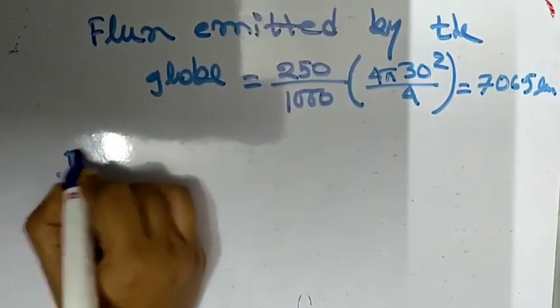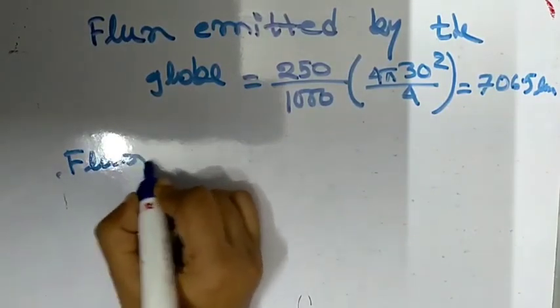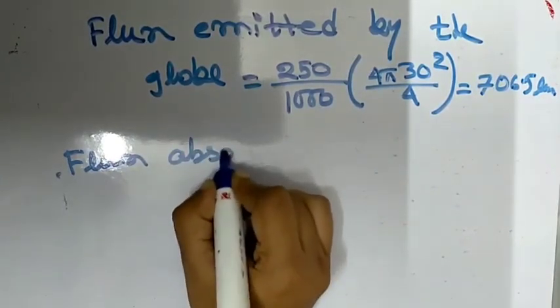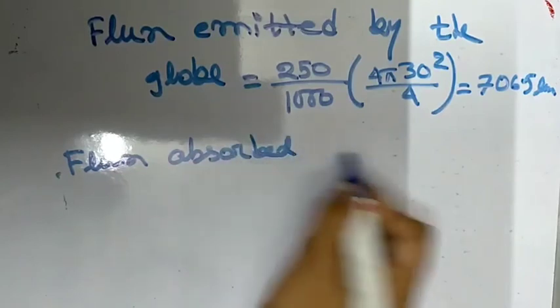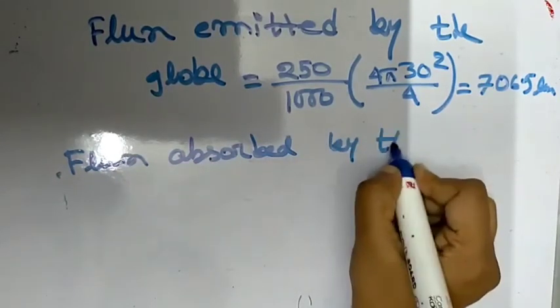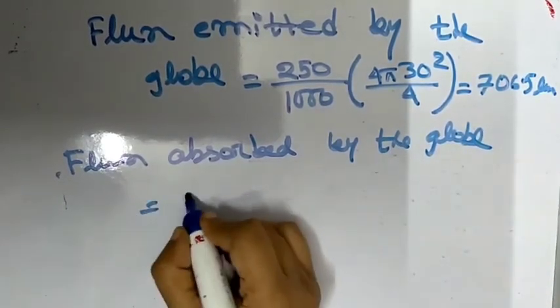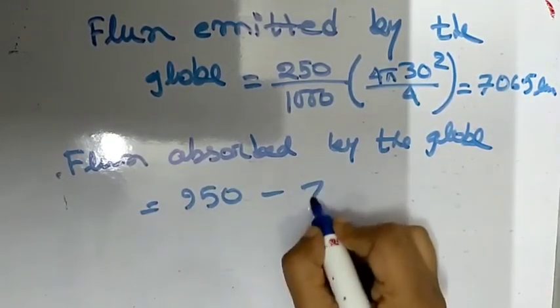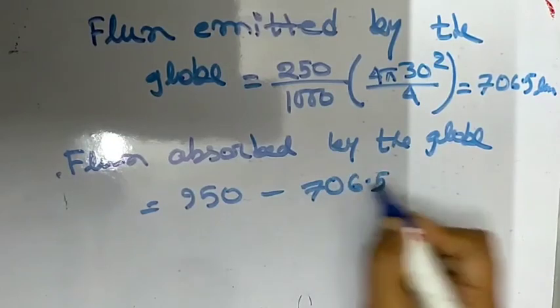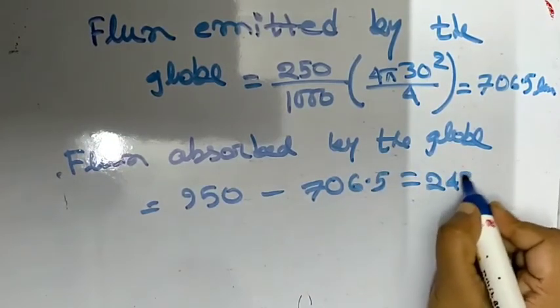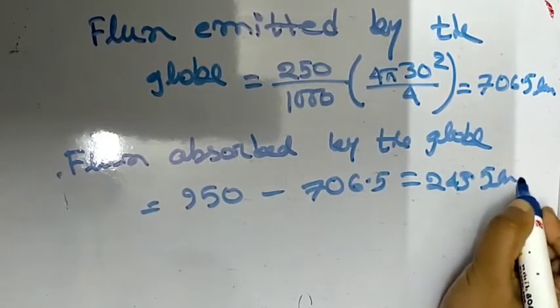Next is flux absorbed by the globe, which is 950 minus 706.5, that is 243.5 lumen.